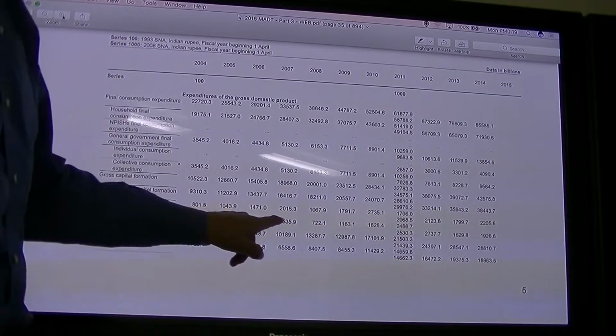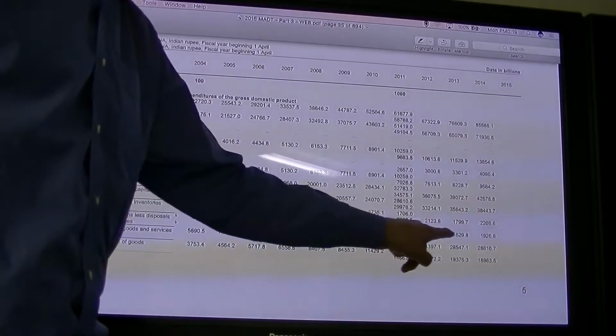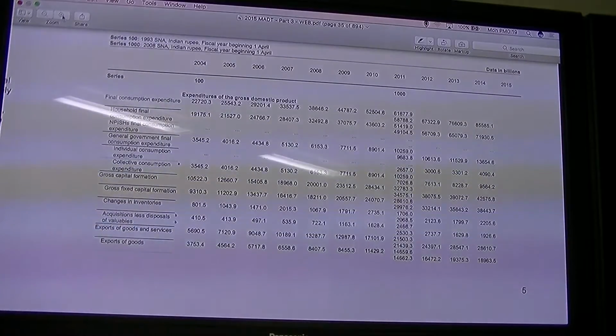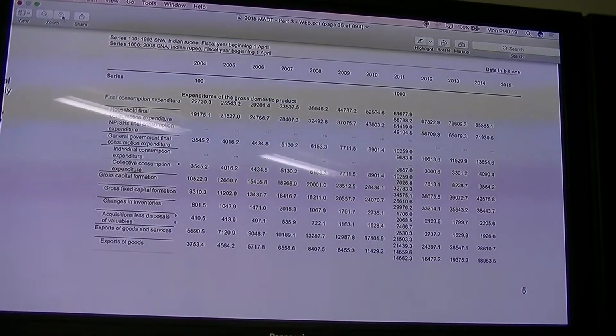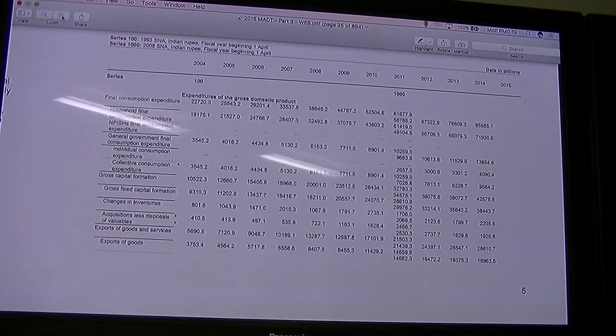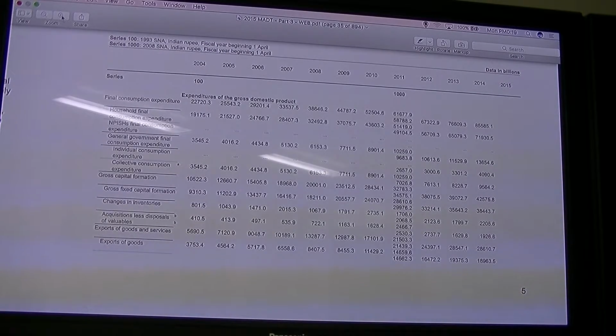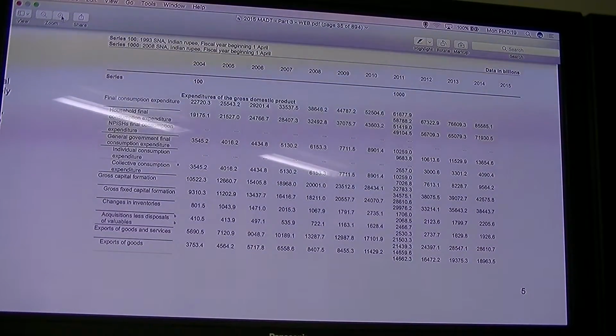Look at the number there. This number is positive in every year. What does that mean? Every year, Indians are buying more and more gold. One of the reasons they buy gold is that, for reasonably wealthy individuals, traditionally the banks are not trusted, and it's the safest form of investment in India.